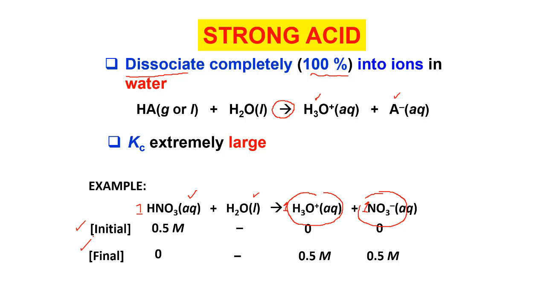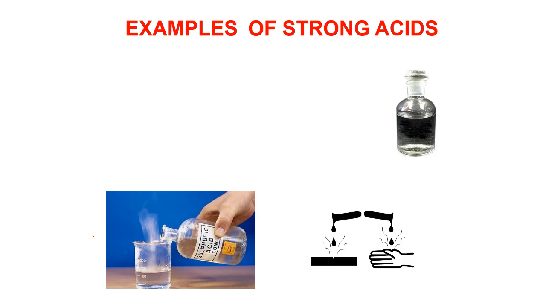Okay, next. Examples of strong acids. Okay, examples of strong acids, we have hydrochloric acid, hydrobromic acid, HBr, and then we have HI, hydroiodic acid.